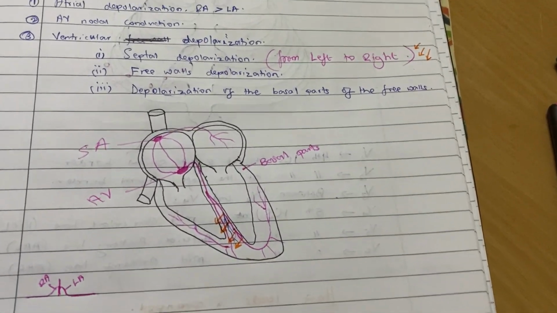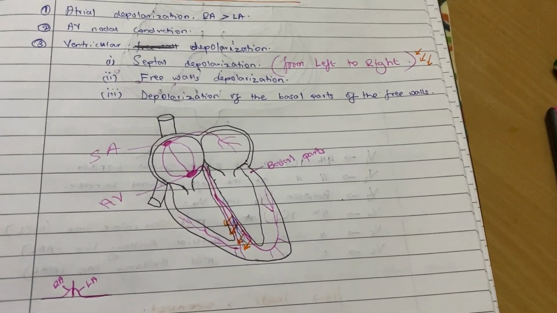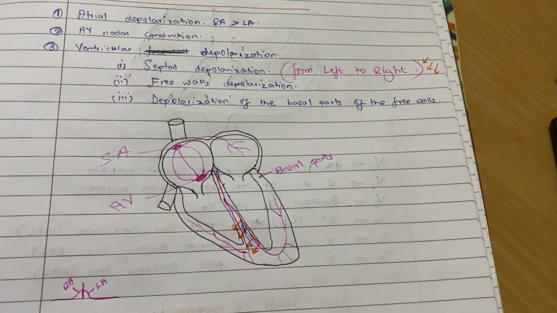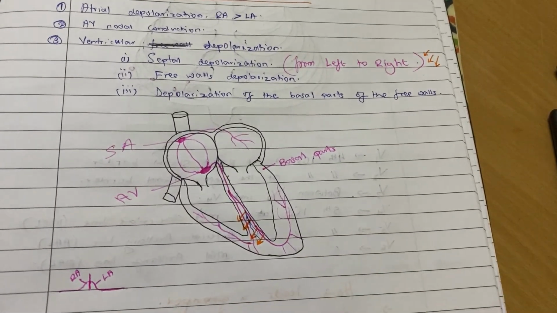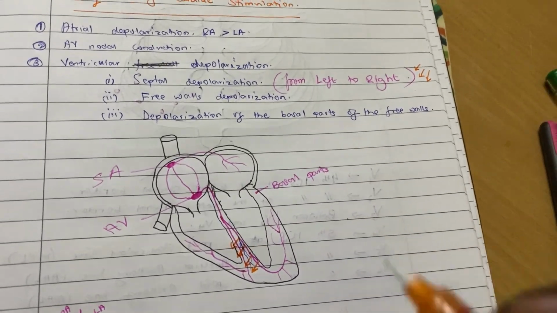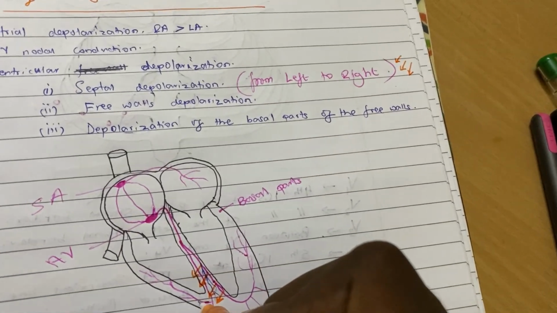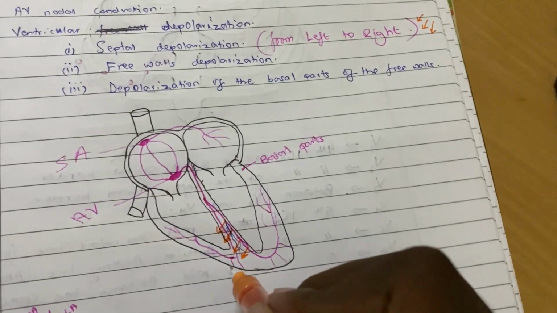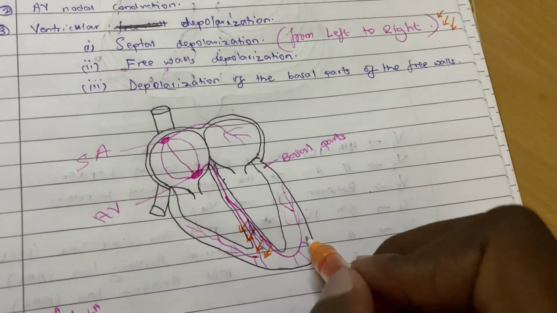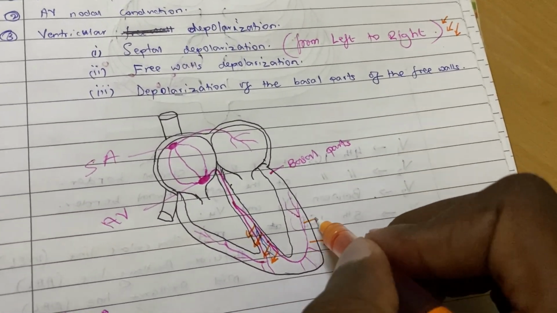Depending on the lead we are talking about, it will deflect differently, but that is not the point now. And then free wall depolarization. Free wall depolarization is going to go this side. You see how these Purkinje fibers are radiating, so the free wall will depolarize in this direction.